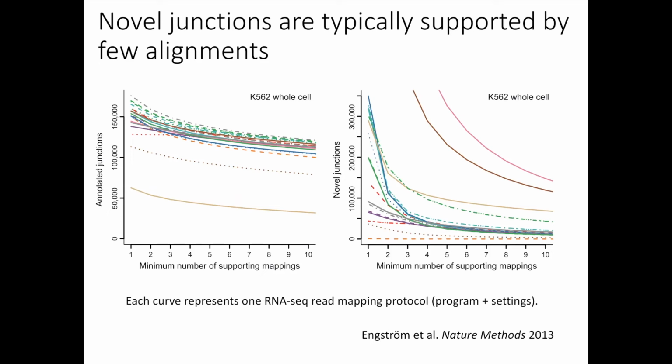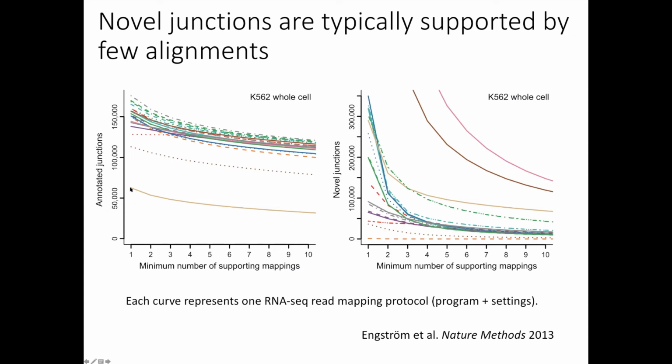And then if you actually go in and have a look at what types of intron exon junctions are being identified when you use the data, you split them up into things that weren't annotated before and things that have been annotated before. So annotated junctions versus novel junctions, and you see how many reads are supporting the ones that you have.